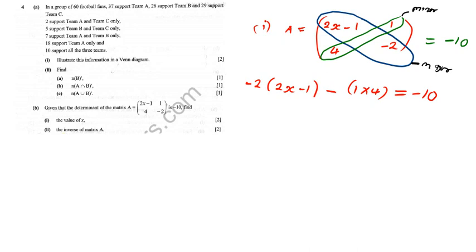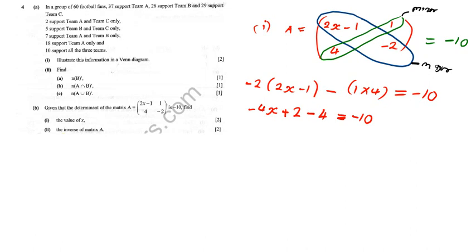So we multiply negative 2 times 2x, it is a negative 4x. Negative 2 times negative 1, it is a positive 2, because we multiply the negative 2 times the negative 1. Minus 1 times 4, it is a 4, is equal to negative 10.